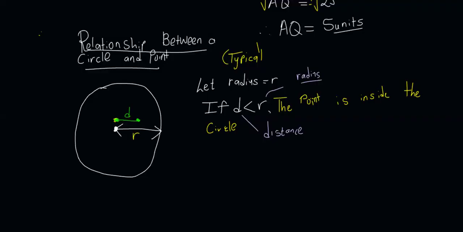So for this situation to take place, always if the distance, which is represented by that green line on the circle, is less than the radius, then the point is inside the circle. So that's how you're going to prove this. Any question?